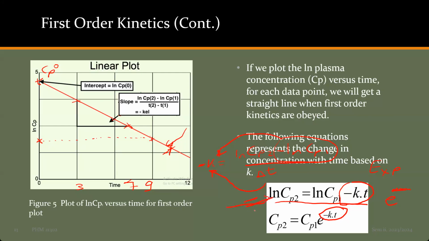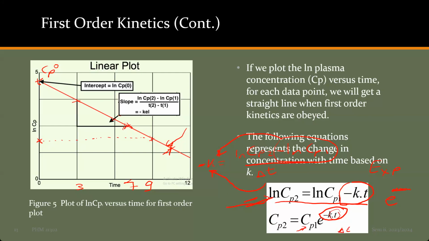Okay, you can do this mathematically using this equation. So, for example, if I know the concentration at, say, 7 hours, then I say ln concentration at the second point, which is CP at 9 hours, equals the concentration at 7 hours times exponent of negative K times T. How much is T here?